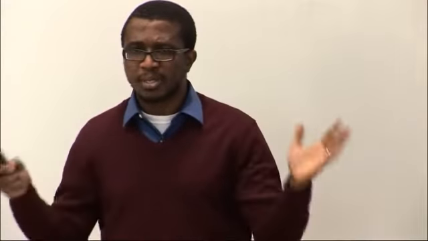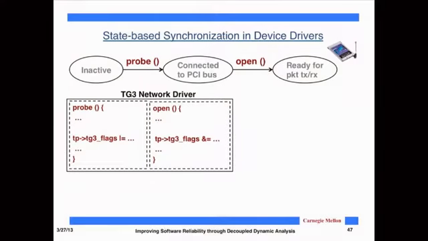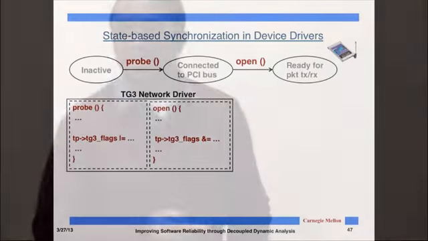So if I consider this network driver code, where the same flag is being updated by two different functions, which could be executed by different threads but don't seem to be serialized, is this a race? Well, it turns out not to be a race, simply because the probe function here is only valid when the device is in an inactive state.